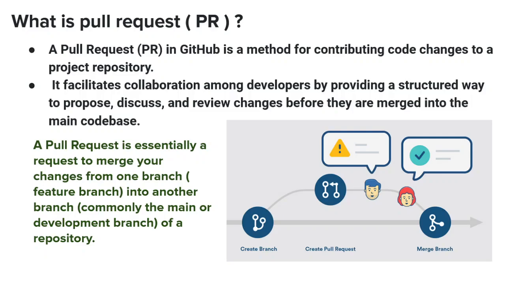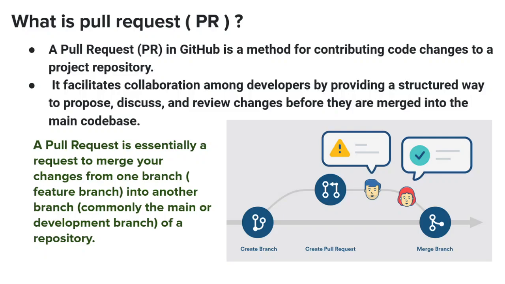Now, we cannot directly merge that branch into the main branch without reviewing the code, because sometimes there might be code which can cause problems or give issues in the application after merging. So that's why it is not a good practice to merge branches directly into the main branch.